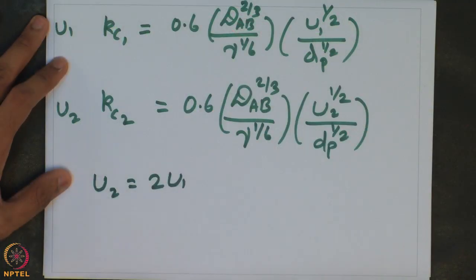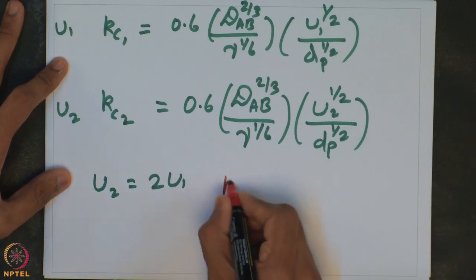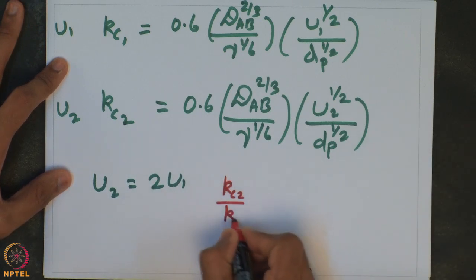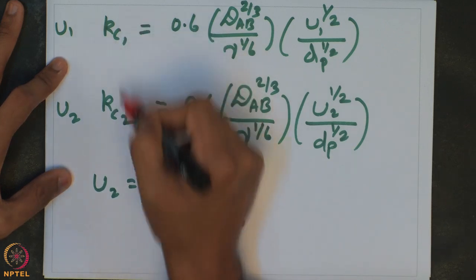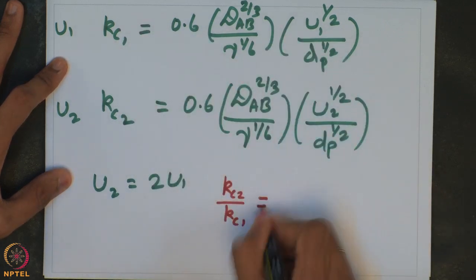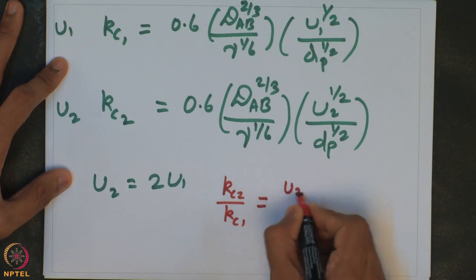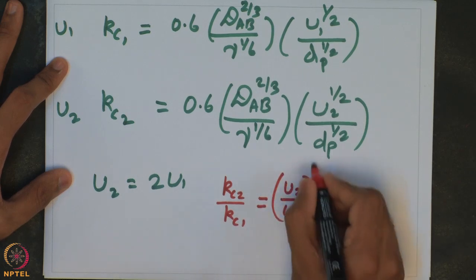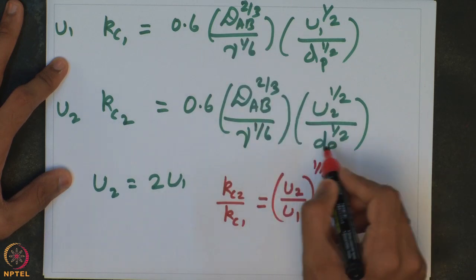Let us say that u2 is equal to 2 times u1. Now, I can find Kc2 by Kc1 by taking the ratio of these two expressions. This is equal to u2 by u1 to the power of half, because all other terms are the same.